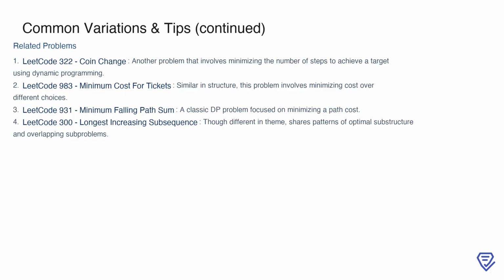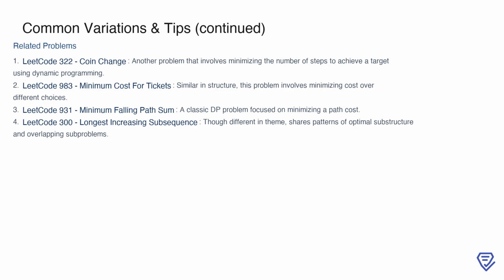Another example is LeetCode 931, minimum falling path sum, where the focus is on minimizing a path cost, showcasing the versatility of dynamic programming techniques. While the themes of these problems may differ, they all share patterns of optimal substructure and overlapping subproblems. Even LeetCode 300, longest increasing subsequence, though not directly related, highlights the importance of recognizing these patterns.